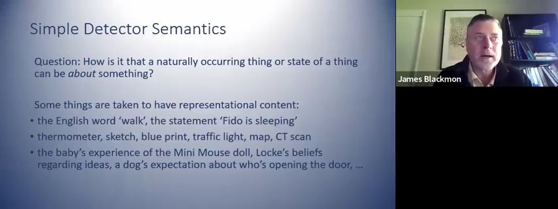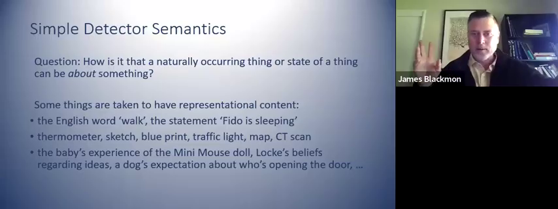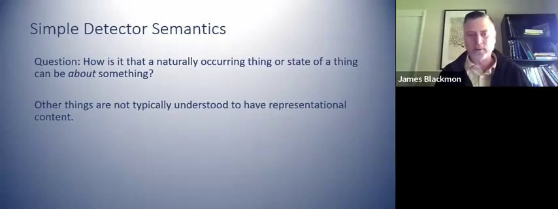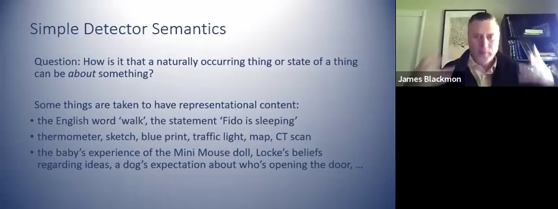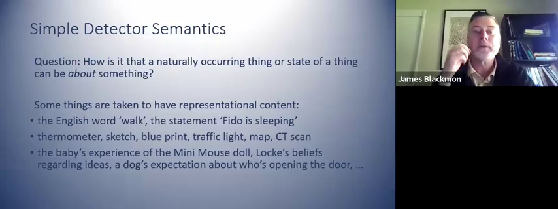And the natural answer that pops into most people's minds, based on what we've seen already, has some problems, as we will see. So the question is, how is it that a naturally occurring thing or state of a thing can be about something? We're saying that the neuron, when it's active, is about something in the world, usually. It's usually out there in the world, but of course, there are neurons that pay attention to what's going on in the gut and within the body, whether you're feeling an itch or something.